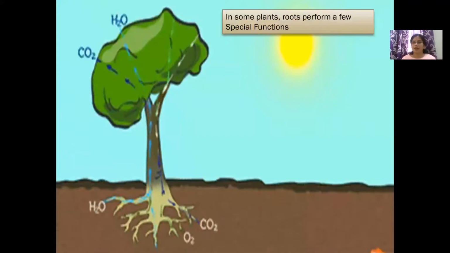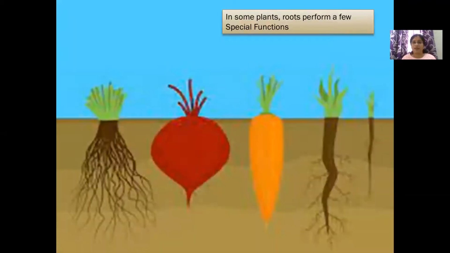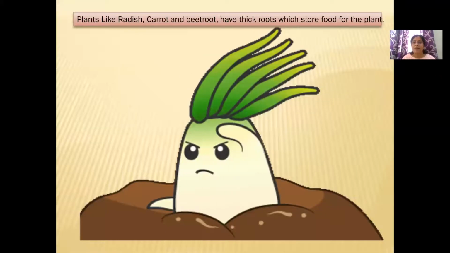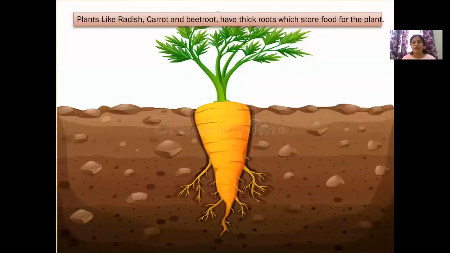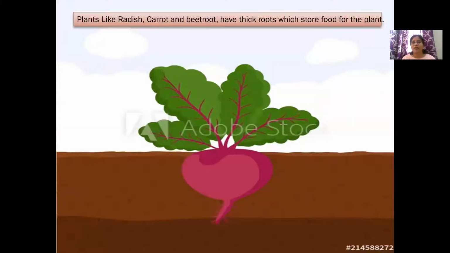In some plants, roots perform a few different special functions. Yes, roots have other functions apart from fixation of the plant and absorption of water and minerals. Let us see what the special functions are. Plants like radish, carrot, beetroot have thick roots which store food for the plant.